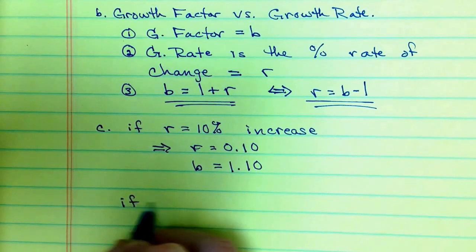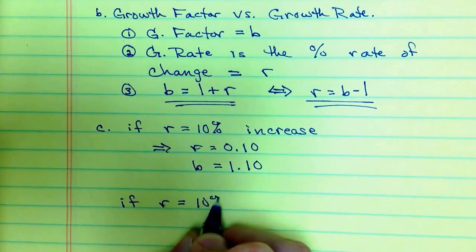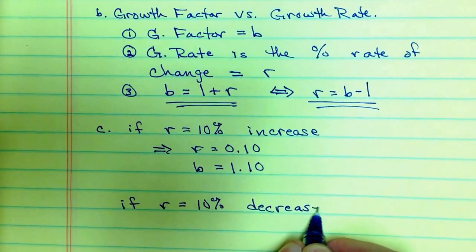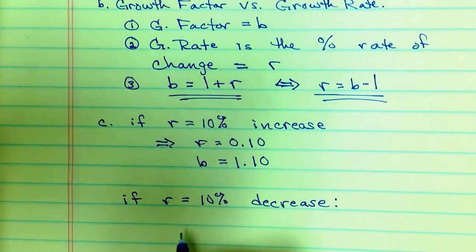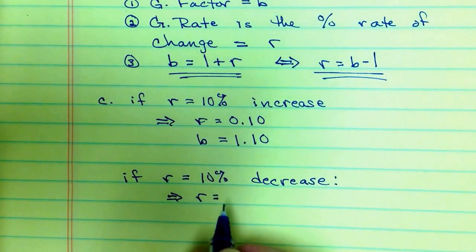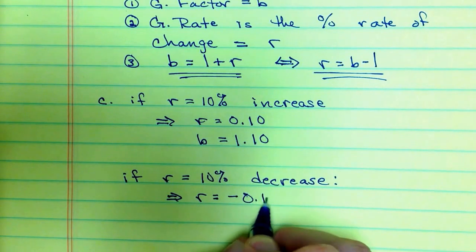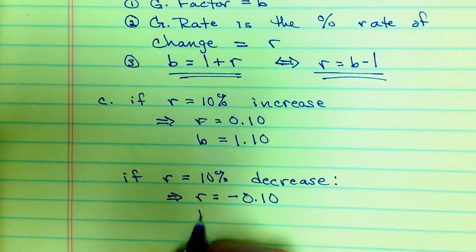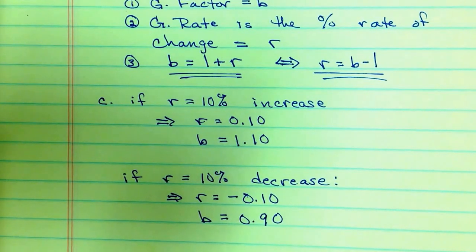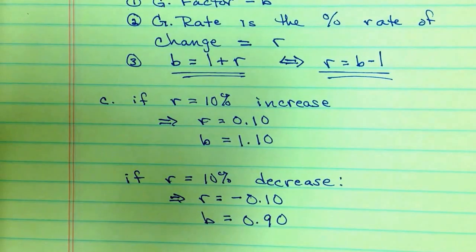If r equals a 10% decrease, then r equals minus 0.1, which would mean b would be 0.90. Remember, the growth factor always tells us how much we keep. So if I lose 10%, that means I keep 90% of it. All right, let's go to the next page.